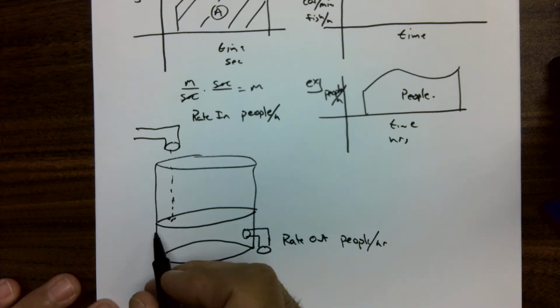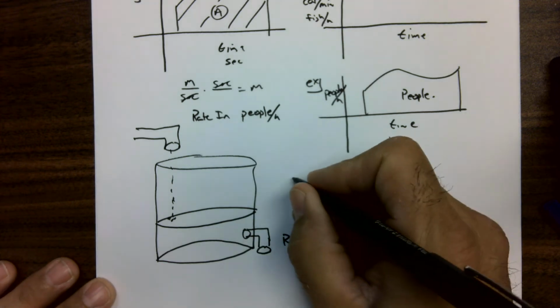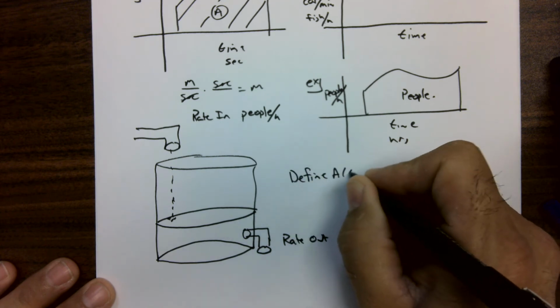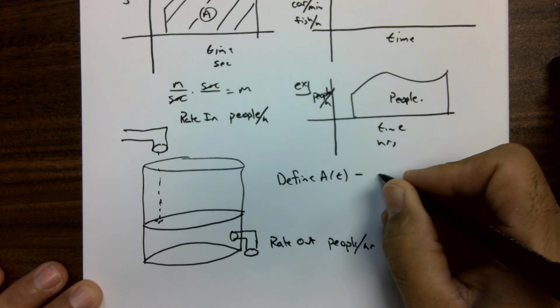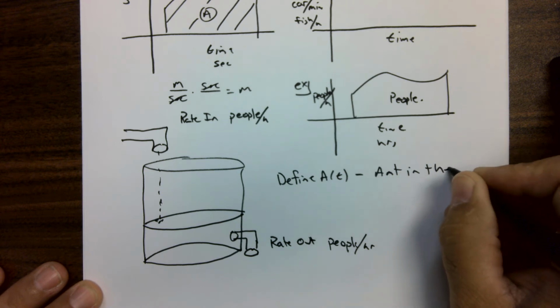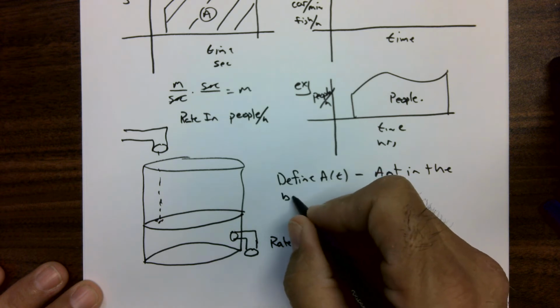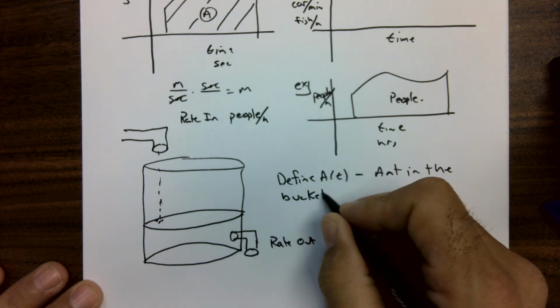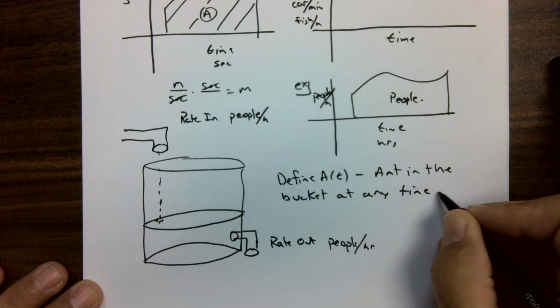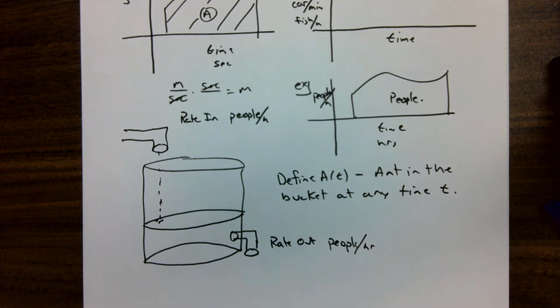Okay, now I'm going to define A of t as the amount in the, we'll call it a bucket, at any time t.